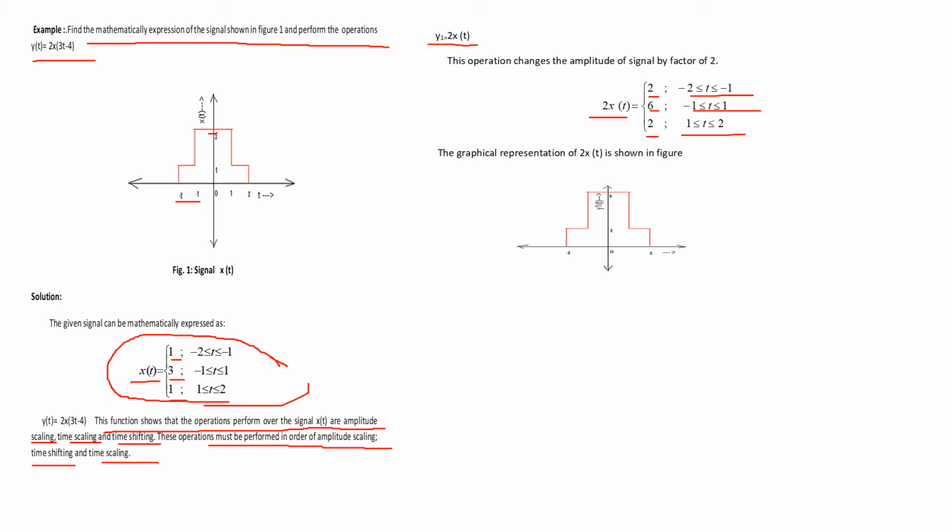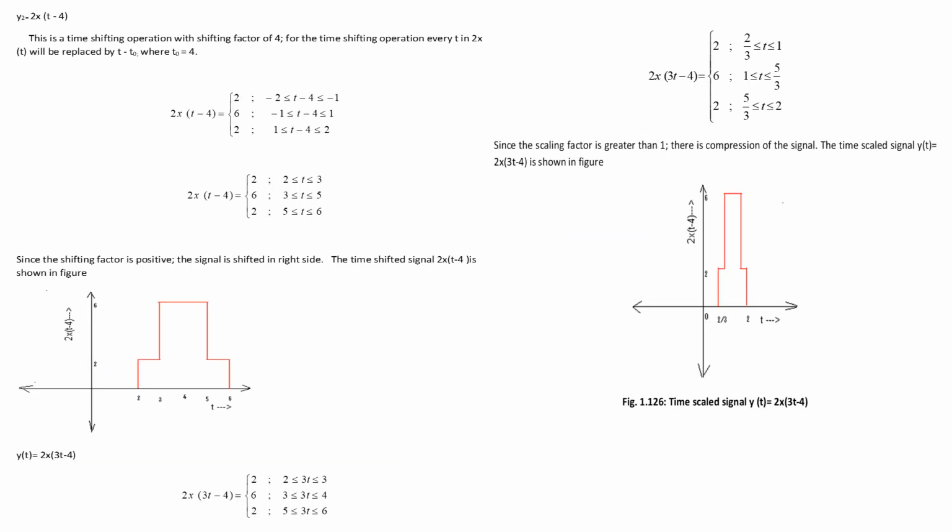Here 1 multiplied by 2 is 2, 3 multiplied by 2 is 6, and 1 multiplied by 2 is 2. So that is the first operation.